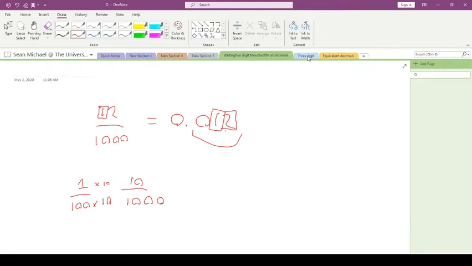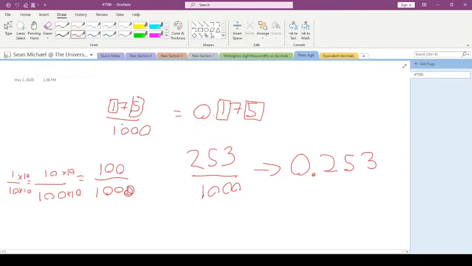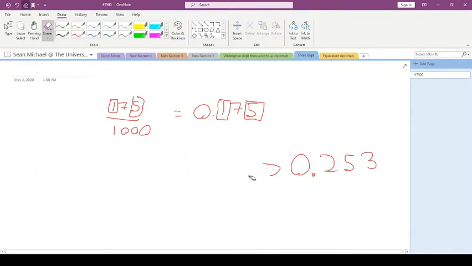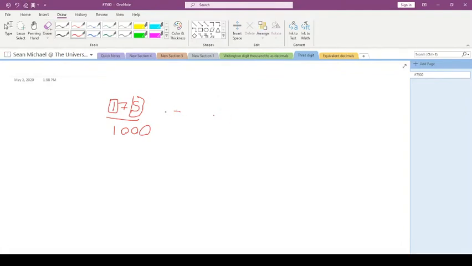Now when we're dealing with 3-digit ones, it's a similar concept. You've got your 1 here, and that's 100. If you were to look at it, you could break it into 3 parts. Let me do that for you guys. So we could break this whole thing up into 3 parts.